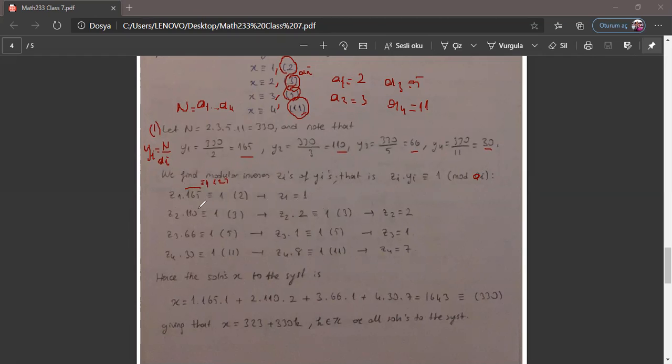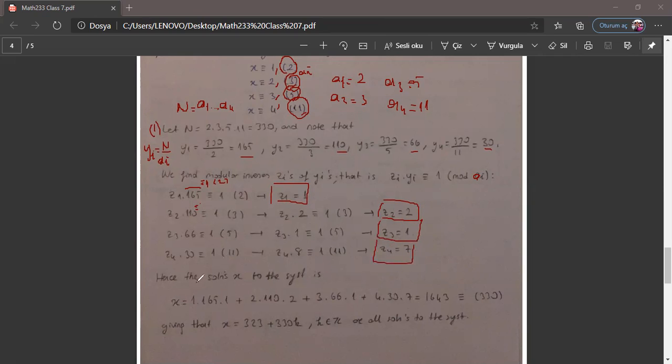And for z2, you compute it modulo 3, and you get z2 equals 2, because if you multiply them, you get 4, and it's congruent to 1 modulo 3. Similarly, you obtain the rest: z1, z2, z3, and z4.